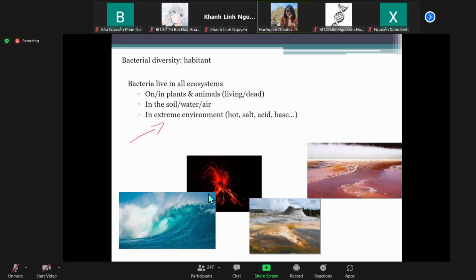Remember, Archaea are extremophiles because they really like extreme environments. So some bacteria live in extreme environments, but not as extreme as the Archaea.